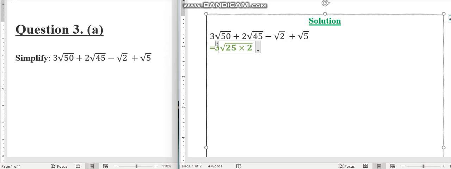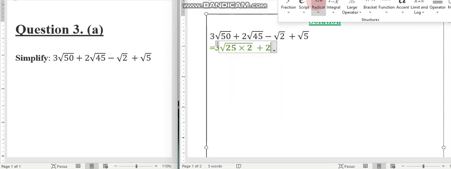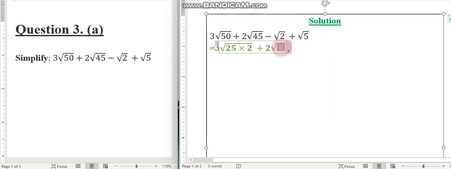The next thing is we have the plus sign, so plus 2 root 45. The 2 will be outside, and the root 45 will give us 9 times 5, which gives us 45. Remember, two numbers that will give you 45, but one of them should be a perfect square. 9 times 5, and 9 is a perfect square.